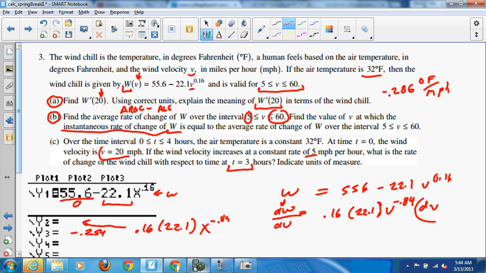So, and here they've given us that, well, we are taking it with respect to time, sorry. So dv dt over here, and they gave us dv dt is equal to 5 miles per hour.